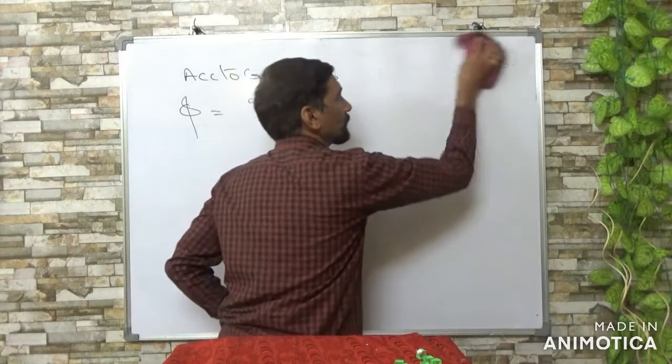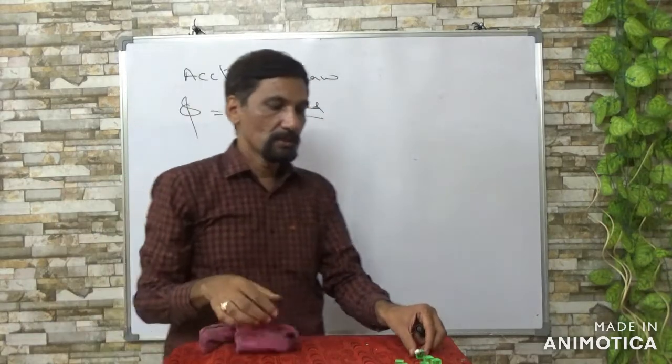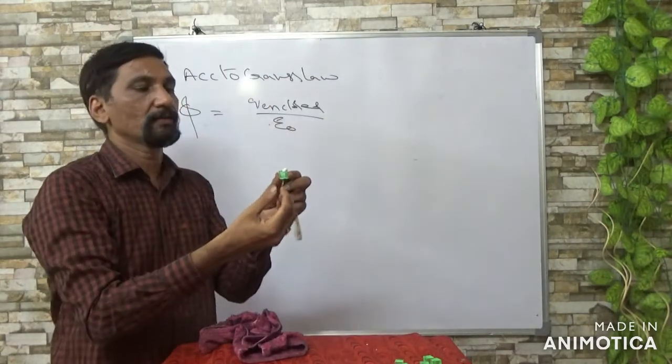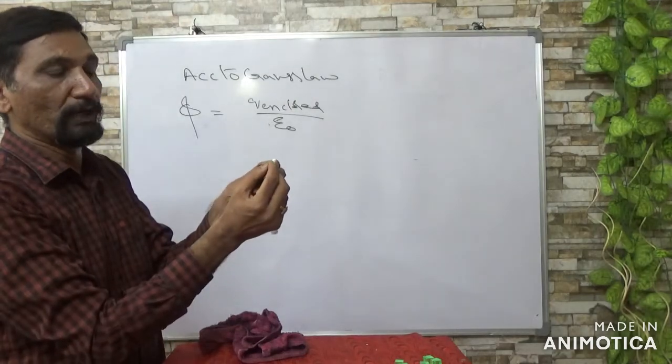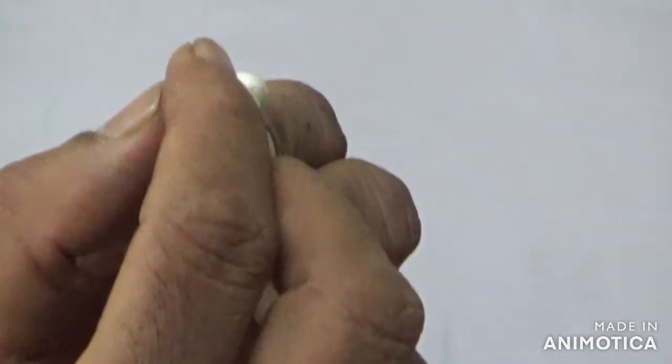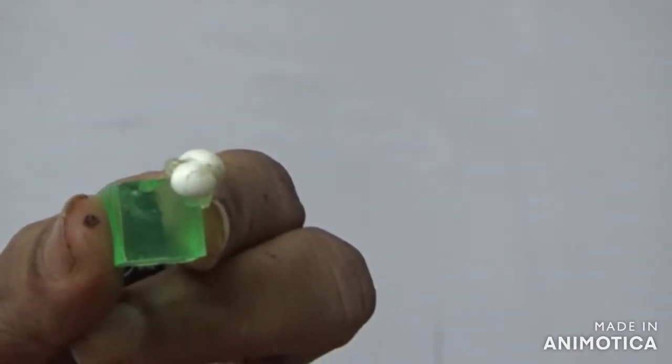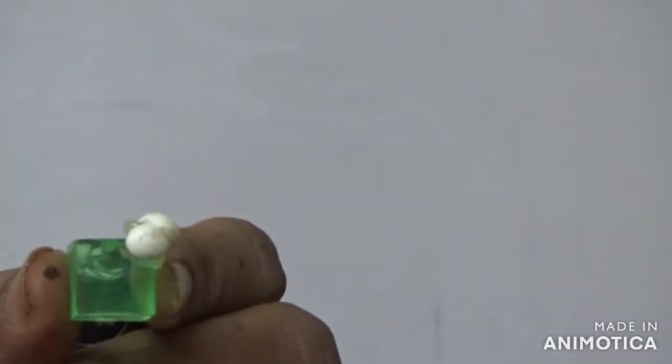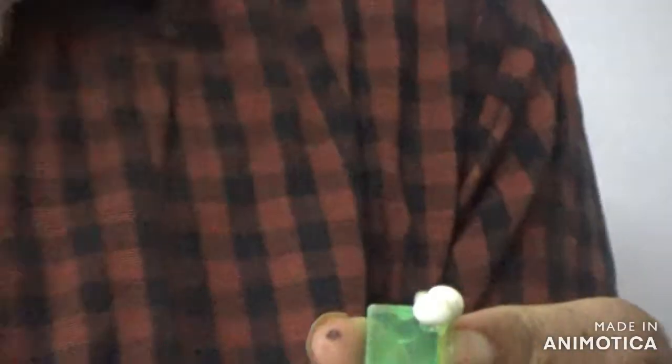Now, suppose there is one charged body Q placed at one corner of a cube. You want to find the flux of the given system.